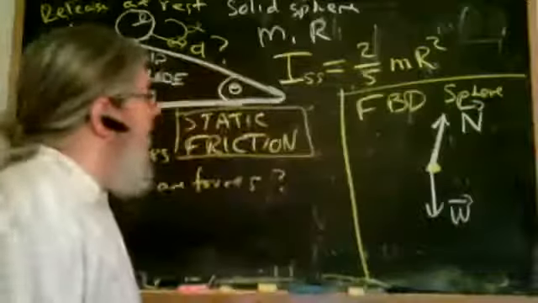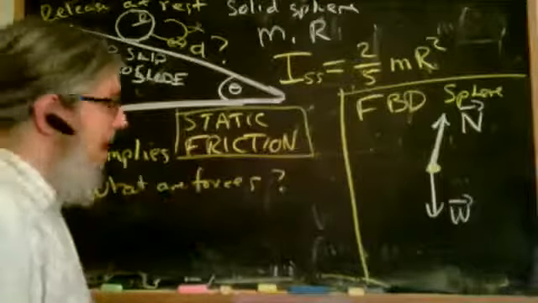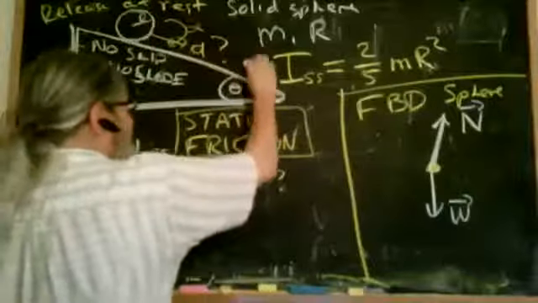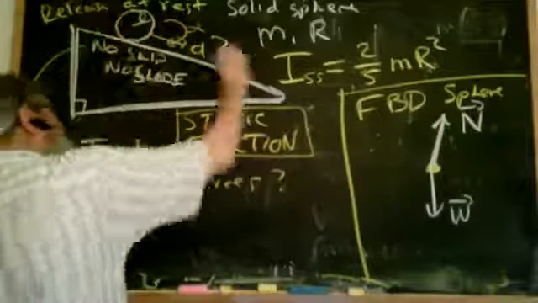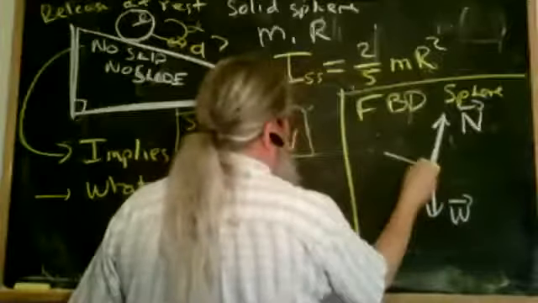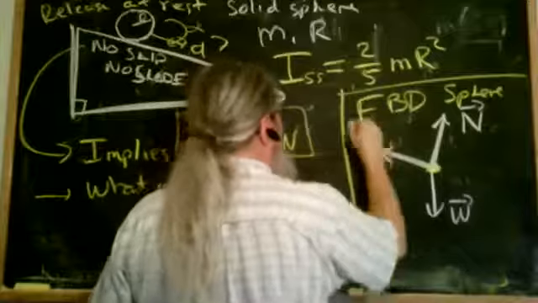And then finally, I'm implying that there could be friction. Since it's parallel to the surface, it's either up the ramp or down the ramp. And I will make the argument that if you guess wrong, no big deal, as long as you notice that your answer is negative.